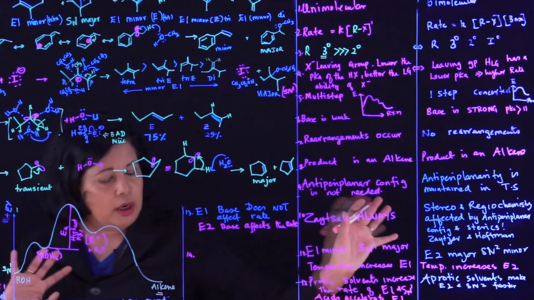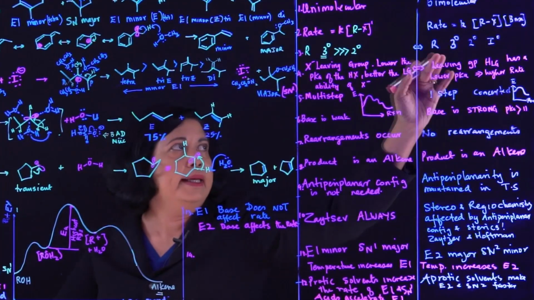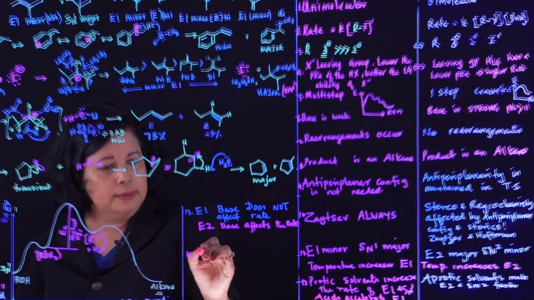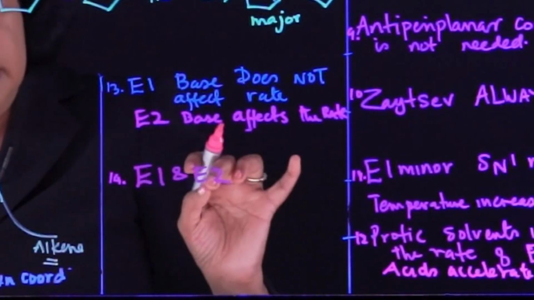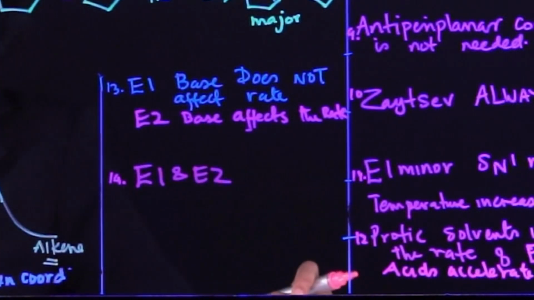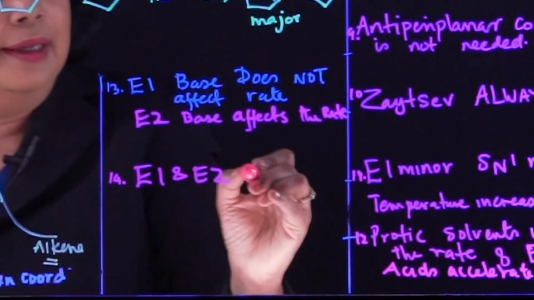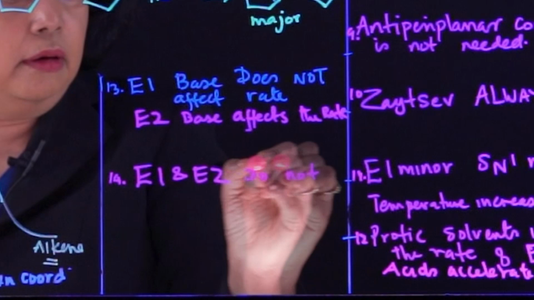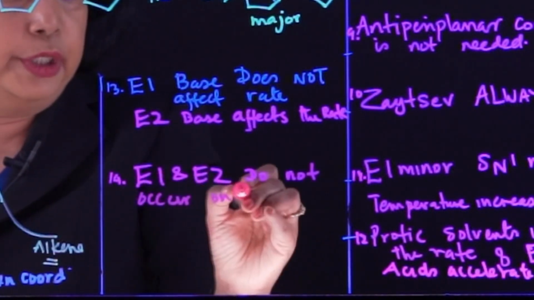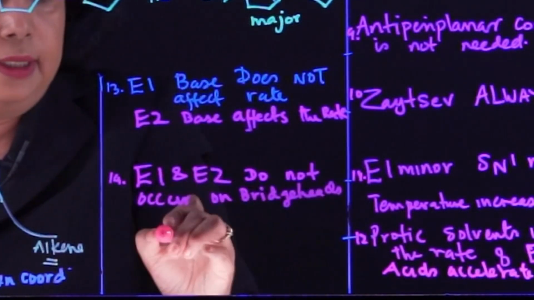One thing that's common, I put these common ones in pink here. One thing that's really common is that E1 and E2 will not occur on a bridgehead for ring size 7 and smaller. That's Bredt's rule. E1 and E2 do not occur on bridgeheads in small rings, okay?